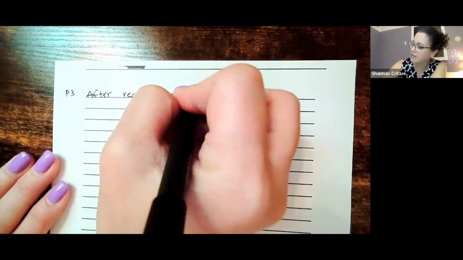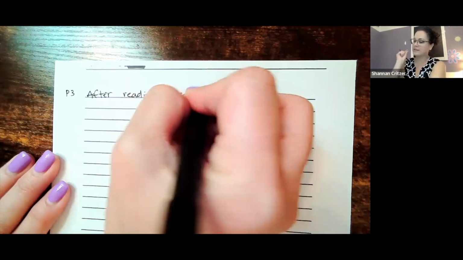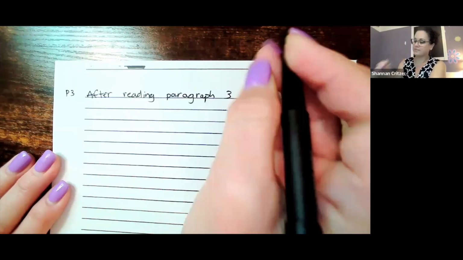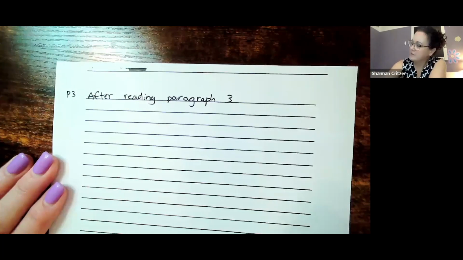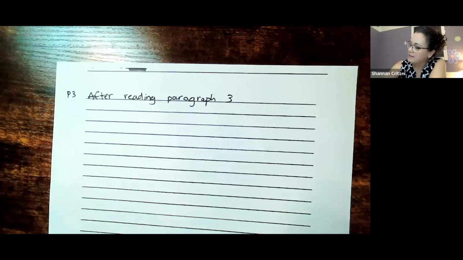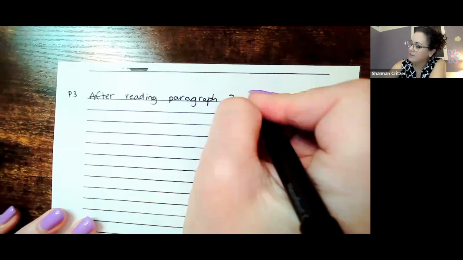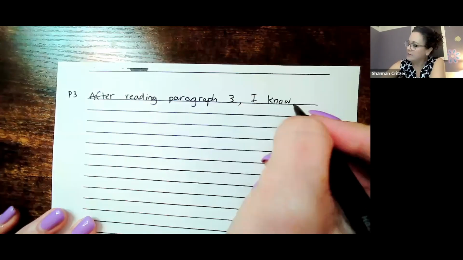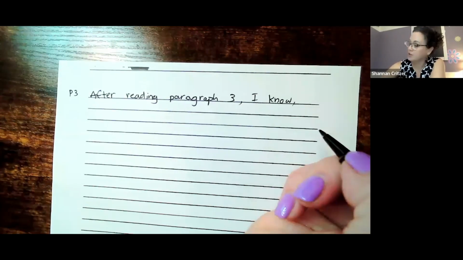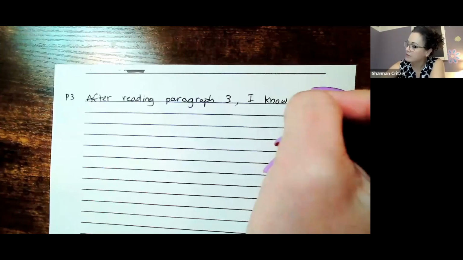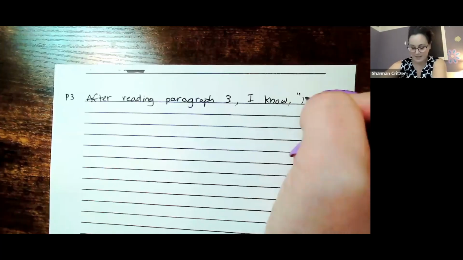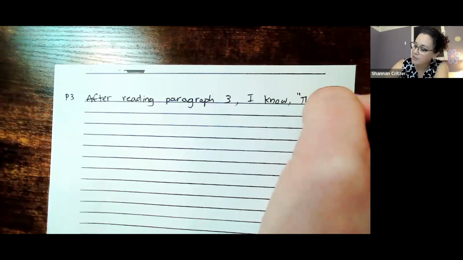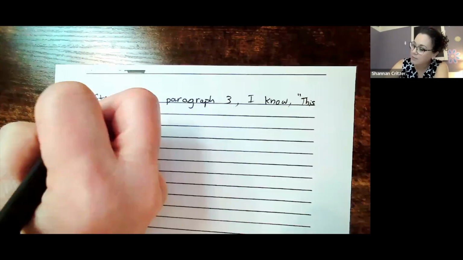After reading paragraph 3, I know, and here comes our quote. Here's my quotation marks, and then we are going to start this air, and this is the part that I'm copying directly from my text.